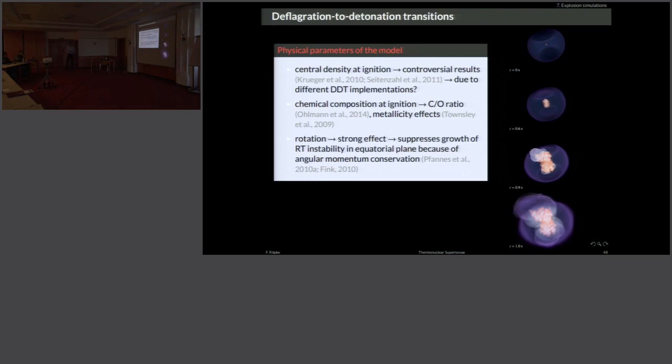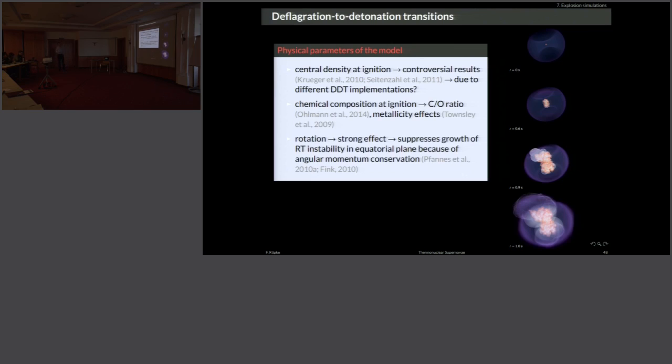What are the physical parameters of the model? So this was a modeling parameter, and the physical parameters are the central density at ignition. Here controversial results have been published in the literature. The differences, however, are attributed to differences in the implementation of the deflagration to detonation transition. The chemical composition at ignition was also tested. A student of mine, Sebastian Ullmann, tested the carbon-oxygen ratio.